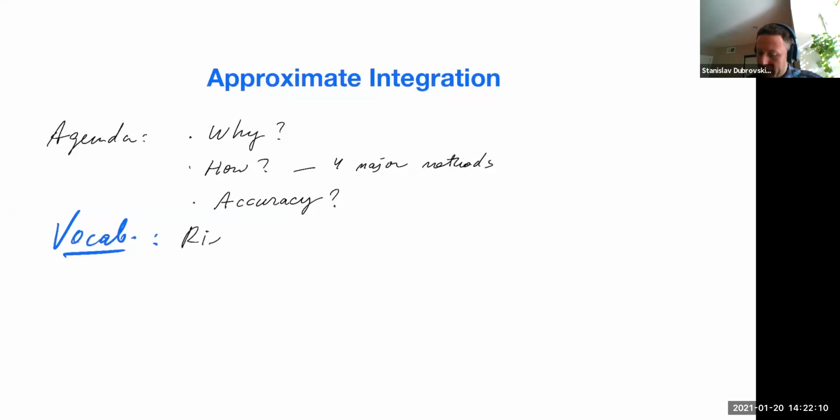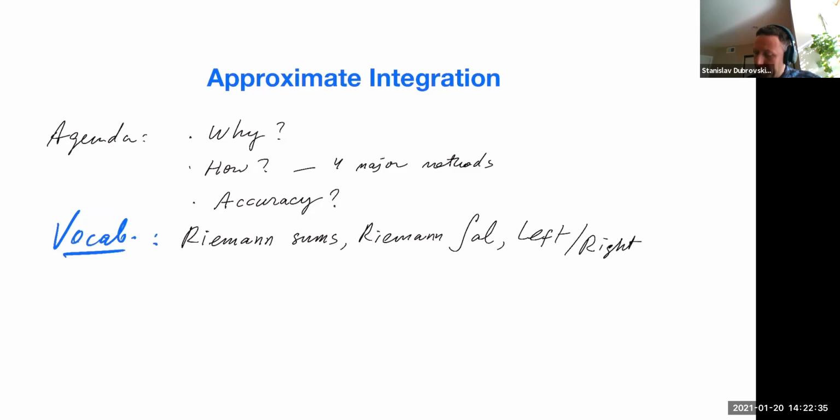Most important is Riemann sums, and of course Riemann integral. And then from that we'll get to our approximating methods, which we'll simply call left or right hand, or simply left or right rule, or approximation.